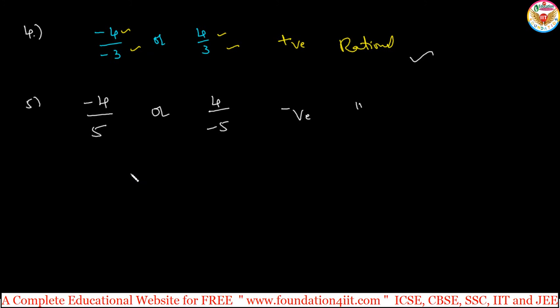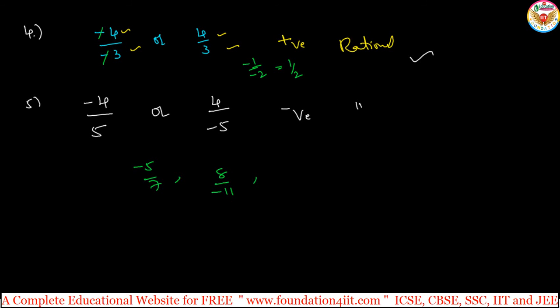Either numerator or denominator is negative, then it is a negative rational number. So these are the examples. Even minus 5 by 7 is a negative rational number. 8 by minus 11, negative rational number. When it comes to positive, minus 1 by minus 2 is obviously 1 by 2. Negative 4 by negative 3 is 4 by 3. But minus 5 by 7 or 8 by minus 11 are negative only.